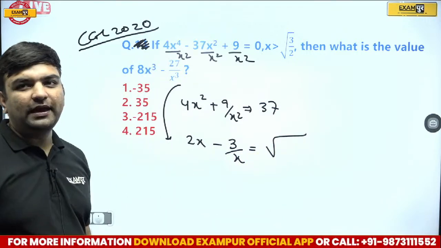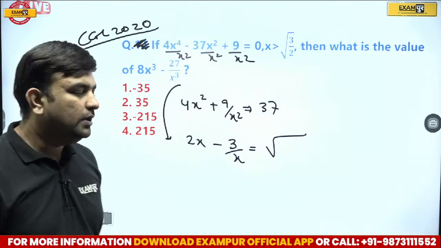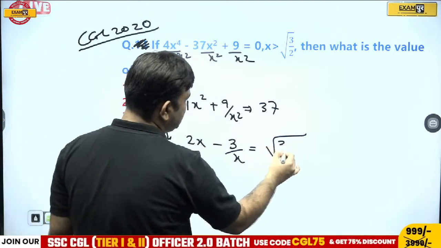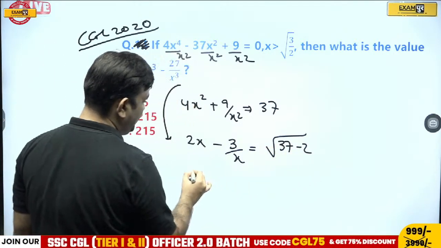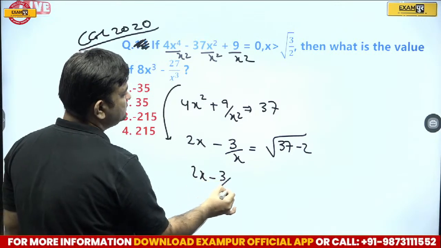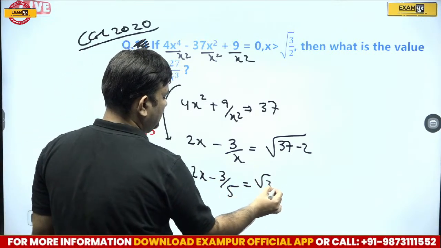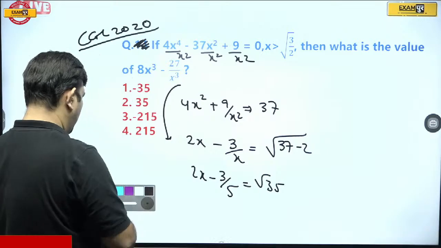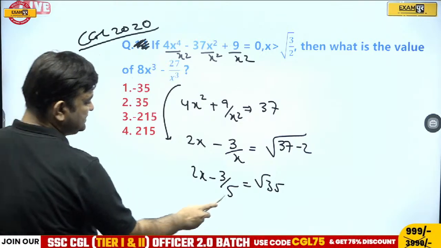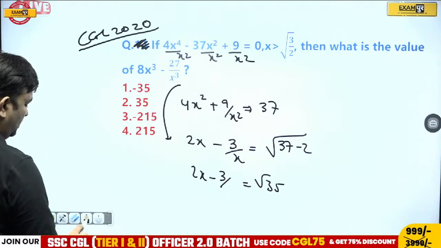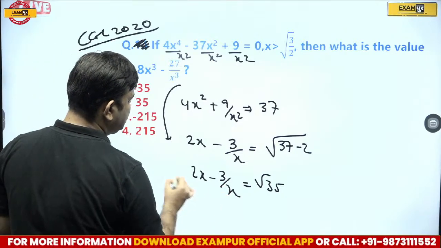For positive, we add plus 2 and take a square root. So for negative, we will subtract minus 2 and take the square root. I'm very hopeful about it. Let's see what happens.